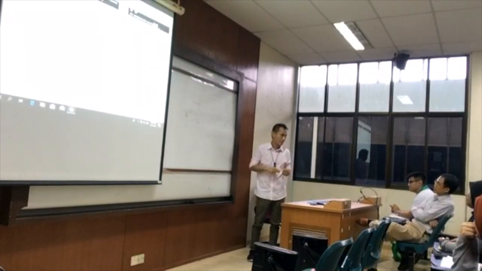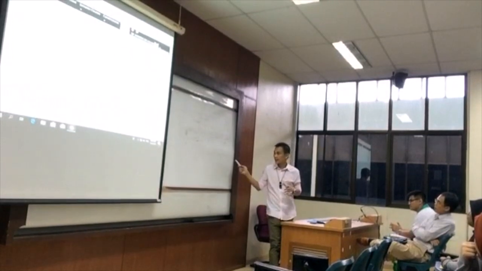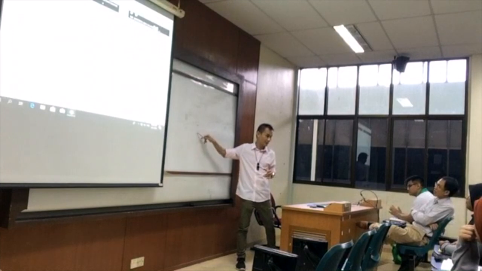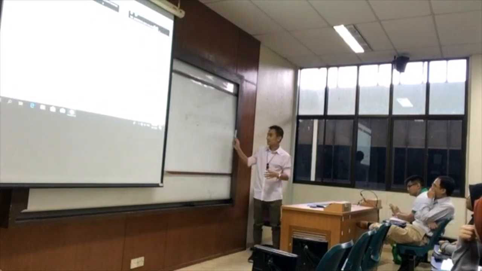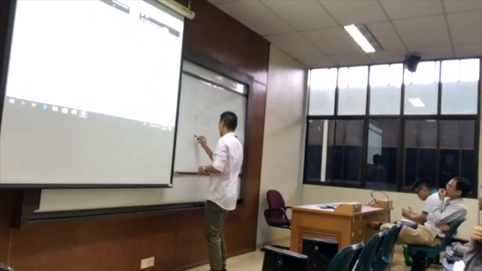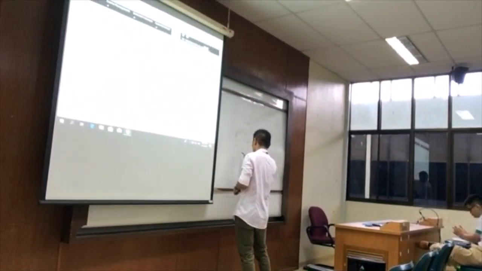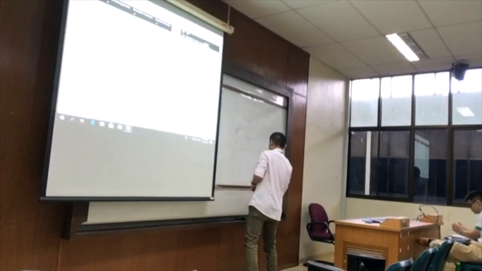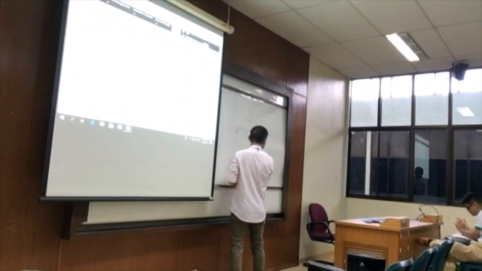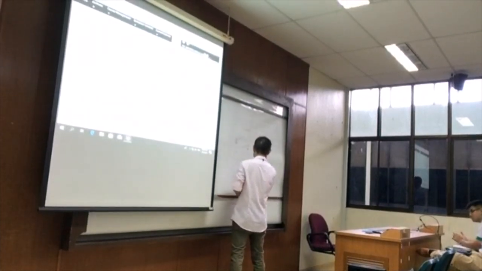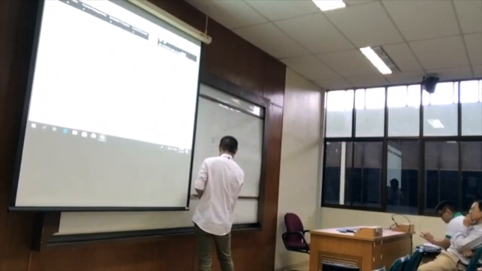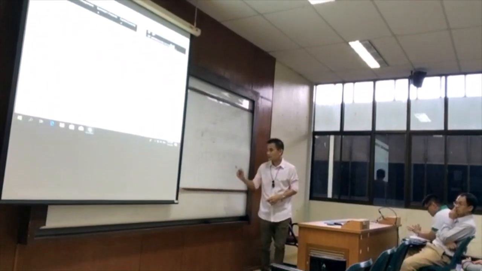So if your negative control is negative, but your positive control is positive, that means there is toxin. Okay, I'm going to give you a table. So this is your positive control, this is your negative control. I'll give you a scenario.